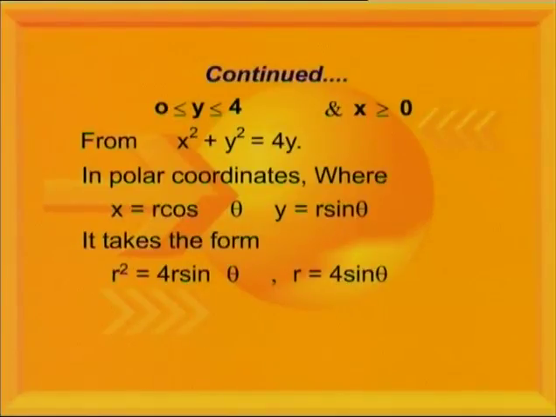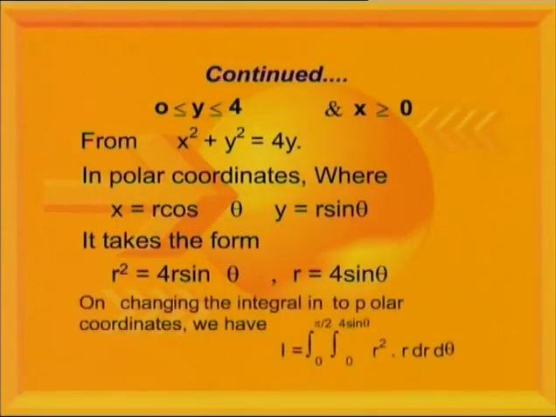The Cartesian equation, which is x square plus y square is equal to 4y, we change into polar coordinates, we get r square is equal to 4r sin theta, and thus r is equal to 4 sin theta. So in polar coordinates, the equation of this circle is r is equal to 4 sin theta. Please remember that in polar coordinates we have traced this circle, r is equal to 4 sin theta.